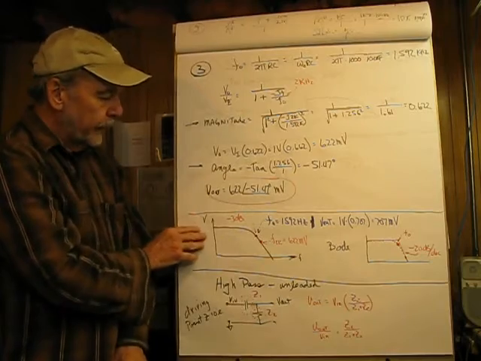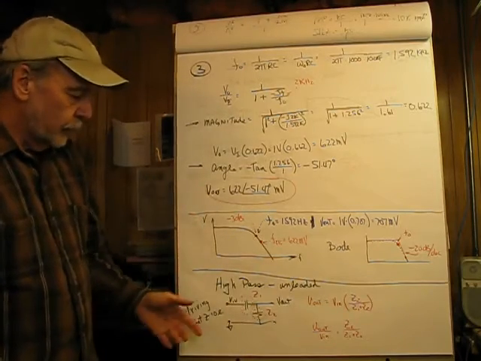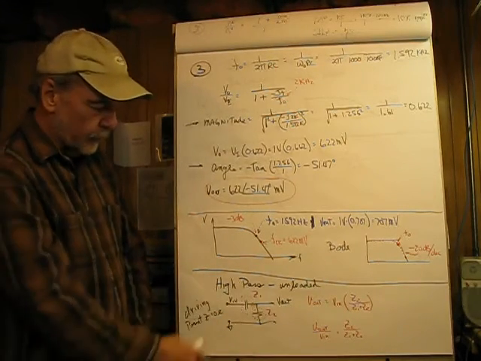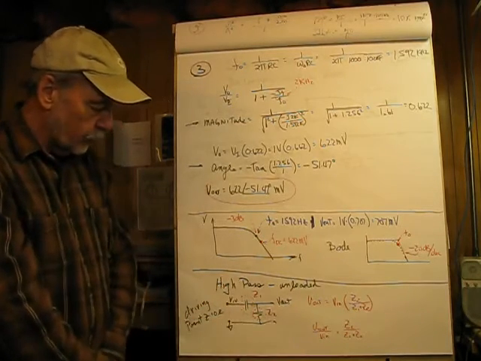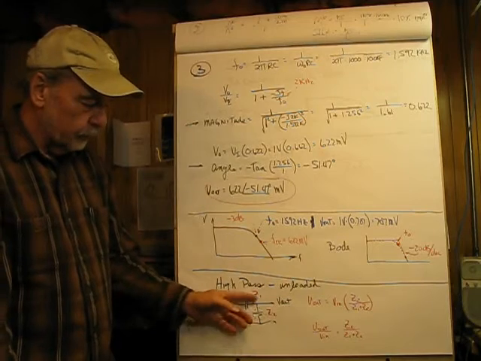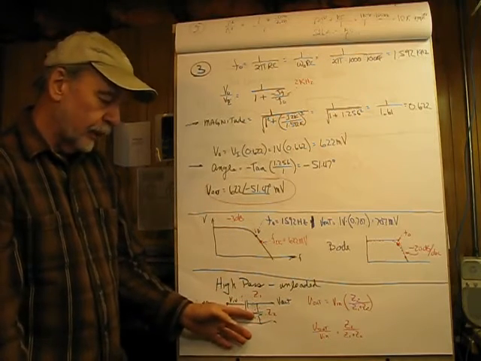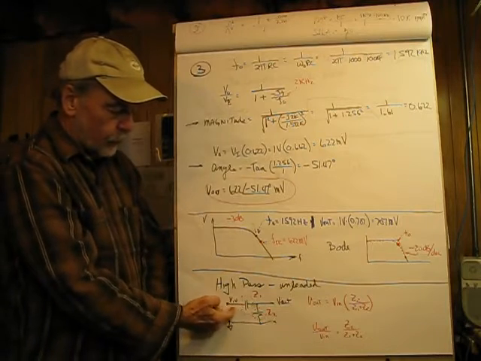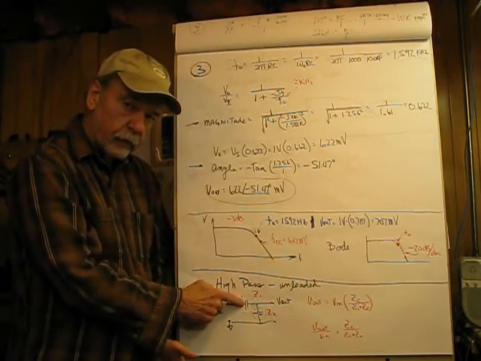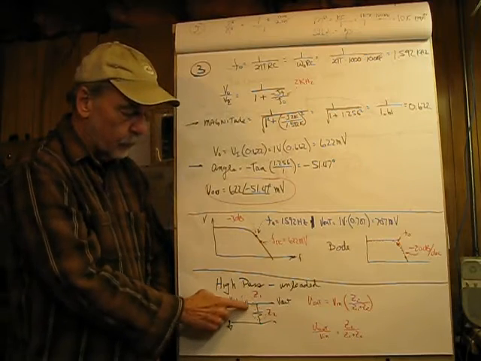So in the land of high pass, we basically end up doing the same thing, except now we have the capacitor in series, and this guy is going to be in parallel with the output, so we want the voltage drop across the resistor. So in high pass, as the frequencies increase, the value of the capacitive reactance drops, meaning the output's going to rise.